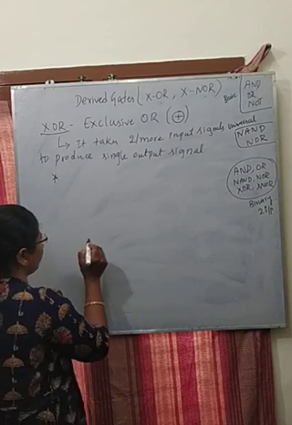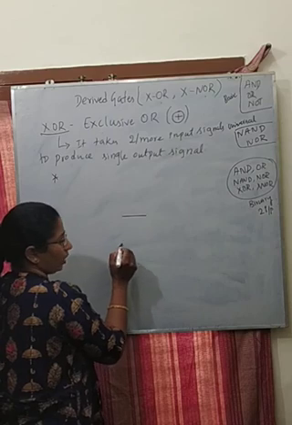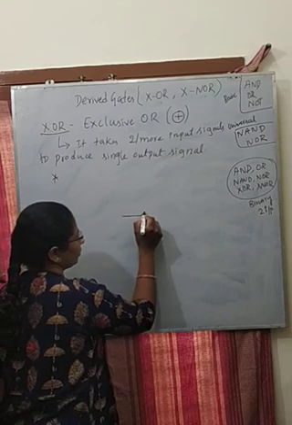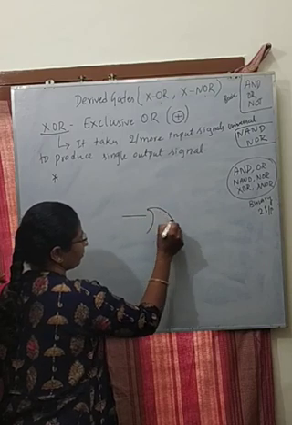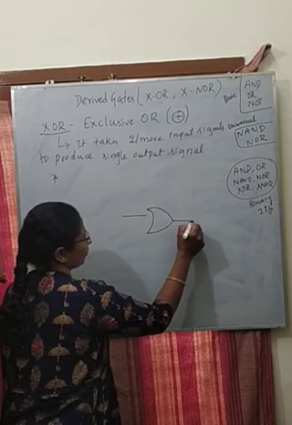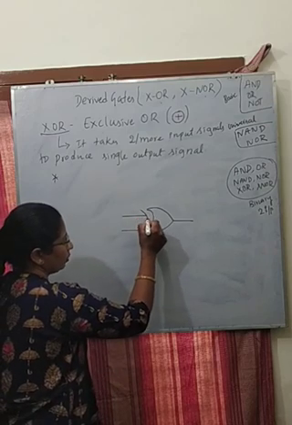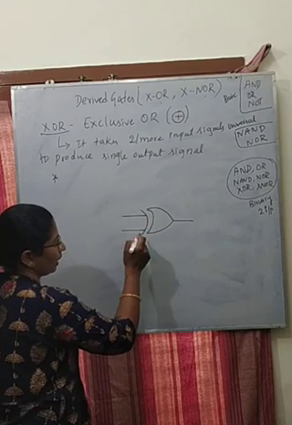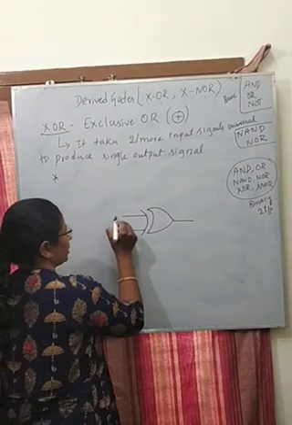We'll see the circuit diagram first. You know how to draw the OR gate, right? So this is your OR gate with two input signals. One more curved line in front of it gives you the XOR gate.